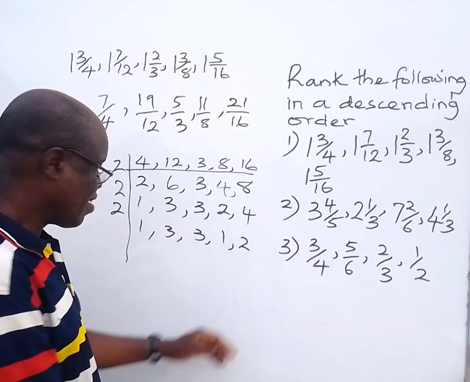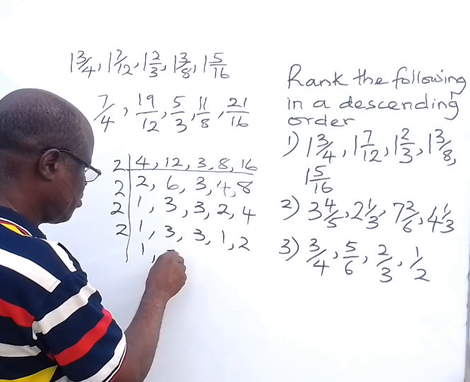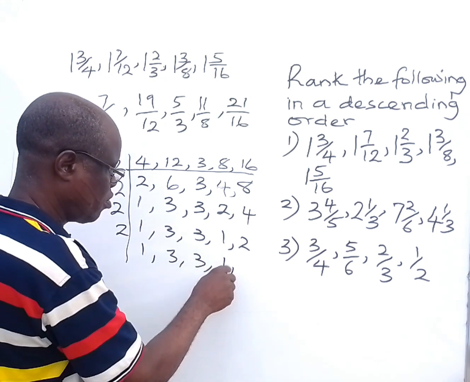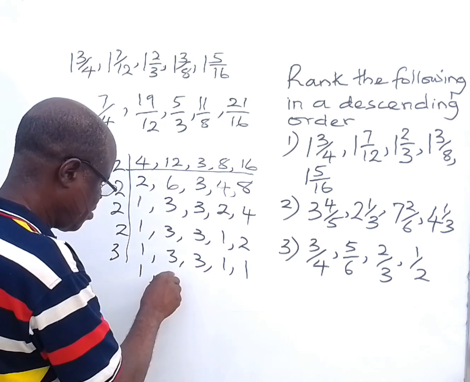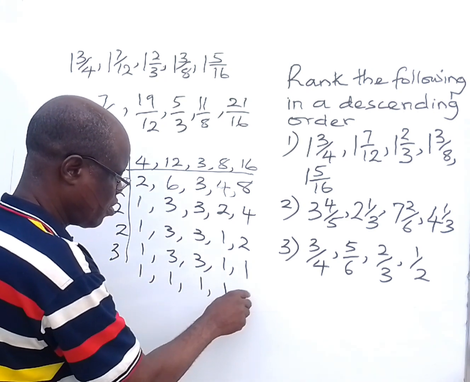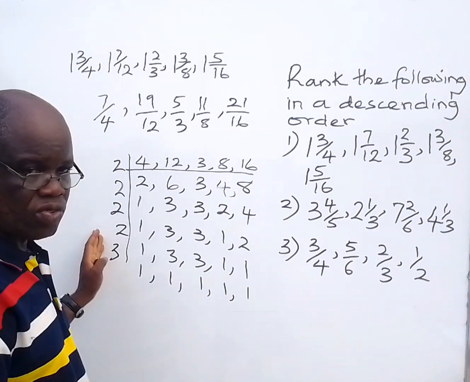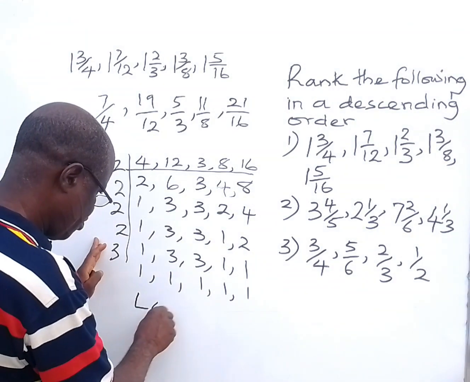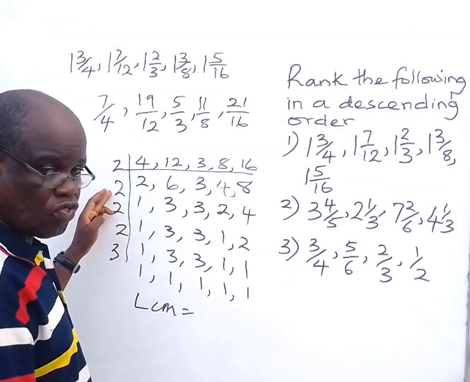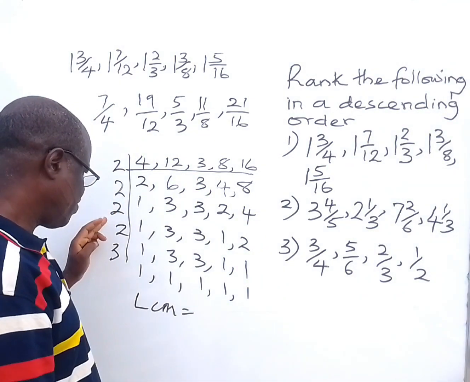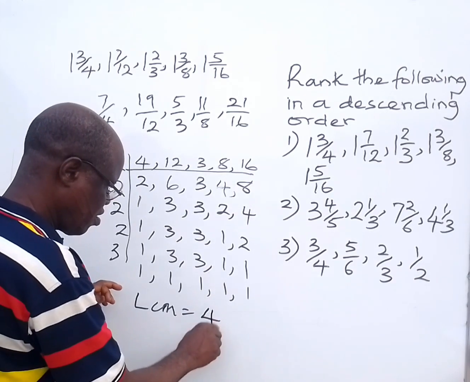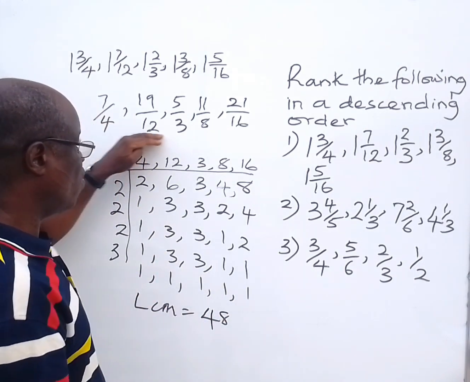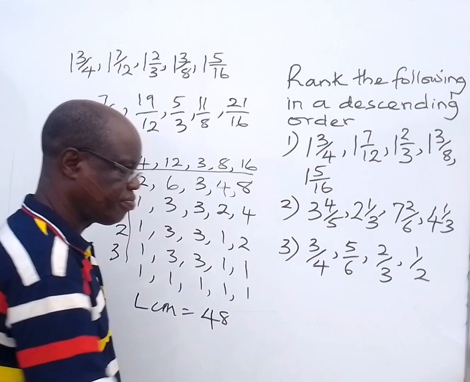So 3 can go here exactly. So multiply all this together, and that is the LCM. So the LCM is equal to 2 times 2, 4, 4 times 2, 8, 8 times 2, 16, 16 times 3, that's 48. So the LCM of all this is 48.